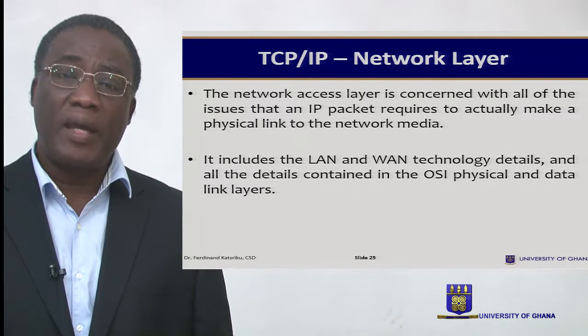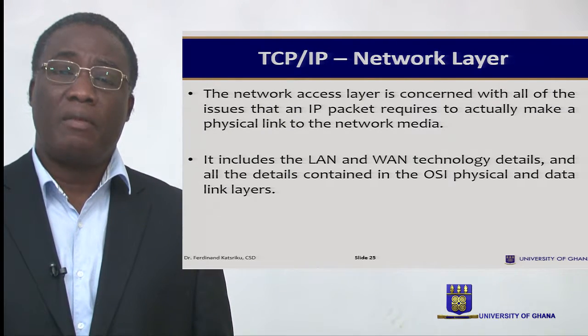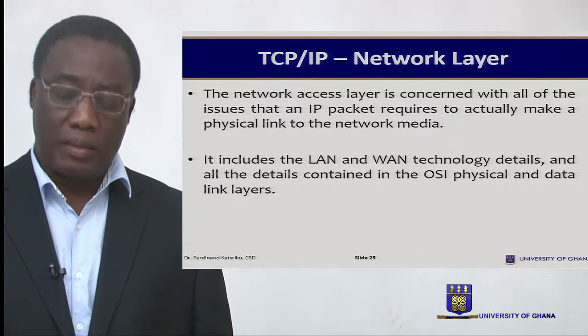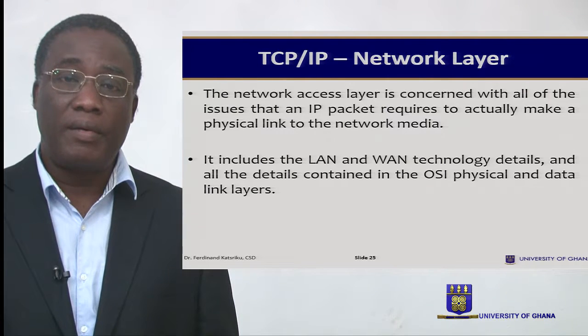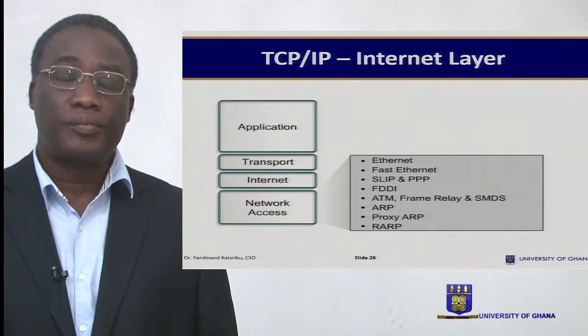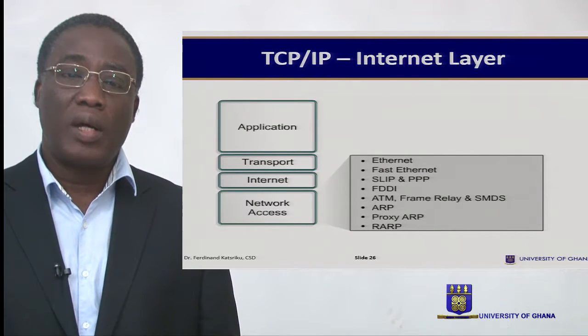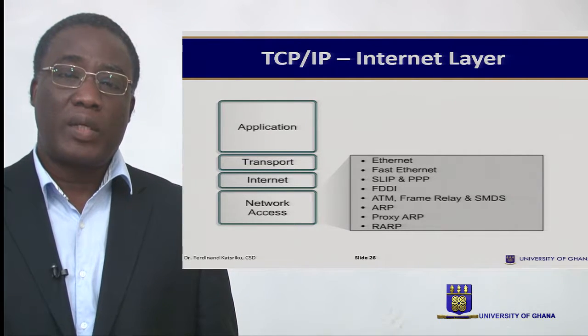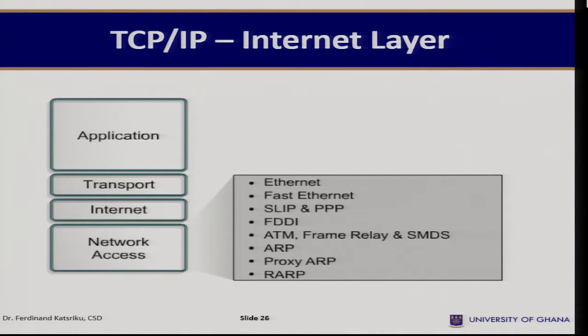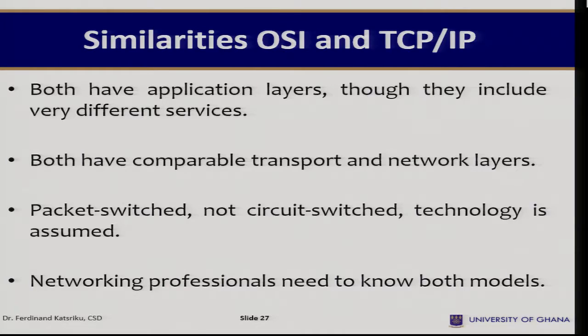So it sort of combines the issues of the physical and data link layers into that area. So under the network access layer, you find Ethernet. Okay, this diagram shows you the internet layer and the protocols that are associated with it.